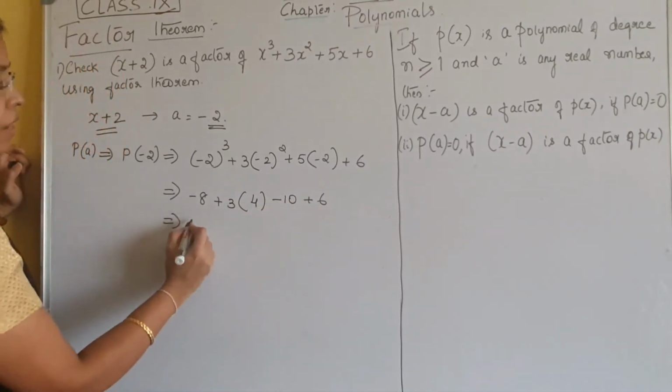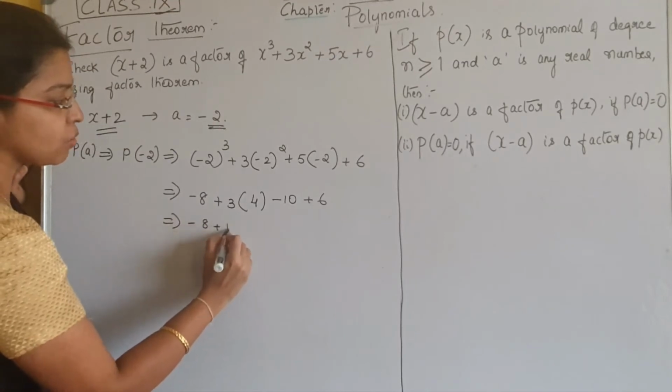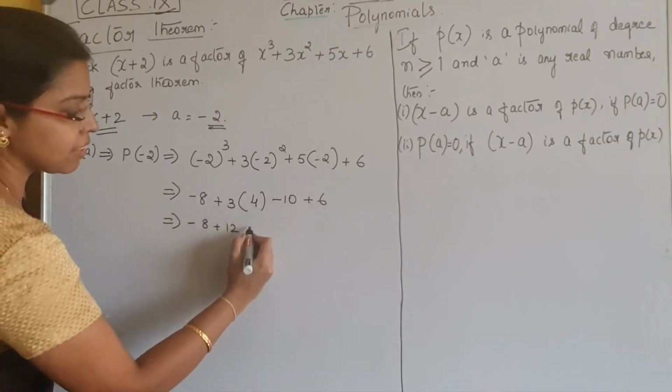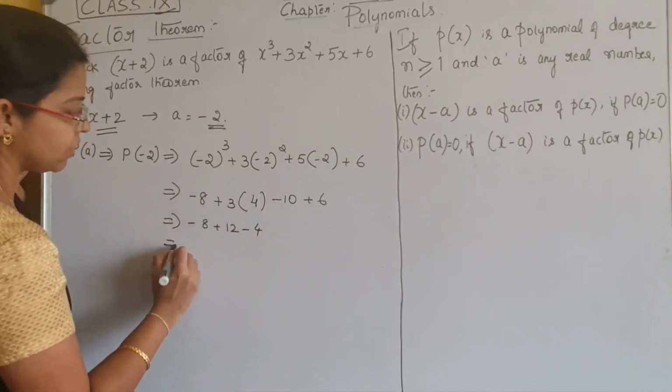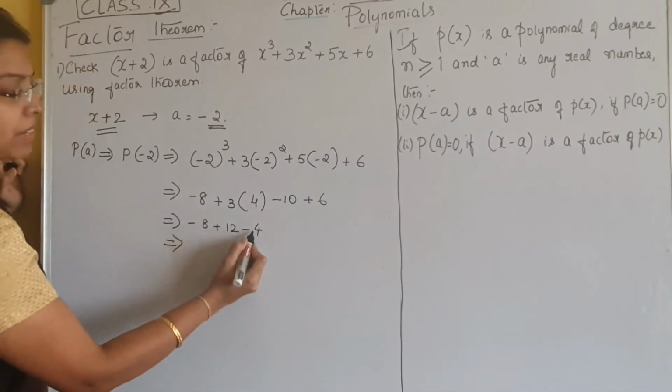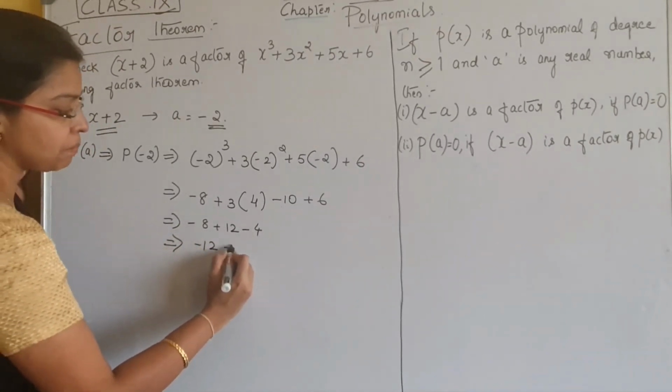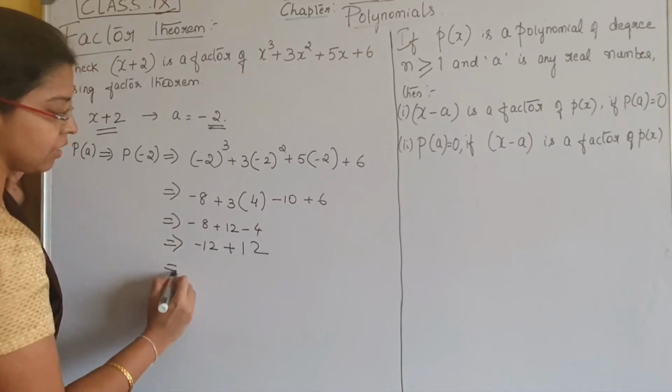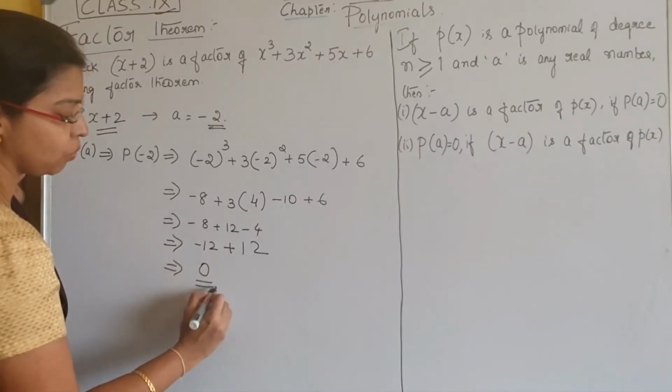This is nothing but minus 8 plus 12, minus 10 and plus 6 is minus 4, which will give you minus 8 minus 4 is minus 12 plus 12. This is nothing but 0.